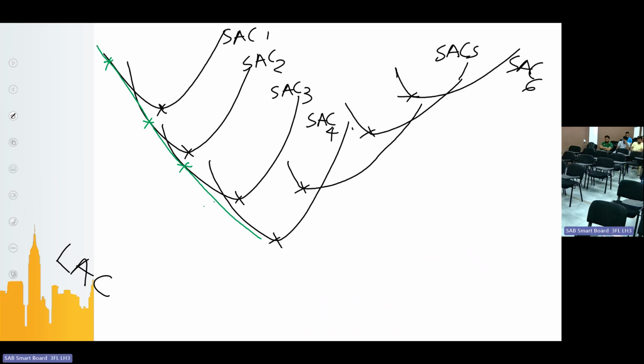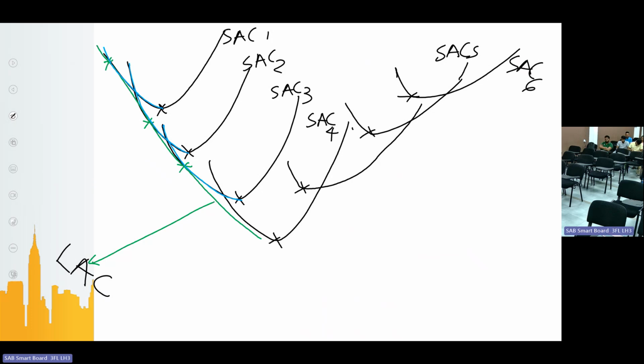The long-run average cost curve touches the short-run average cost curves in their decreasing parts. So this is the decreasing part. This is the decreasing part. This is the decreasing part. That is the initial behavior.